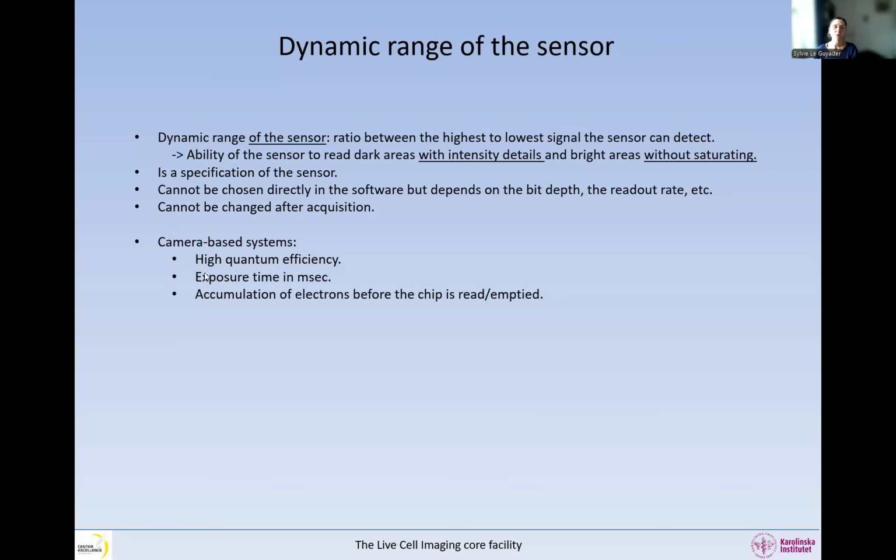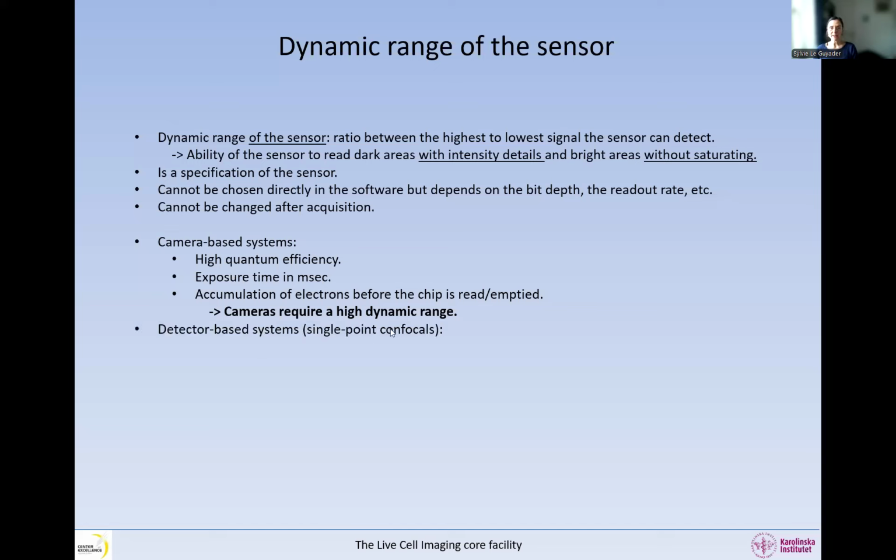So we have exposure times in milliseconds, and the electrons are accumulated in the well before the chip is emptied. So there is an accumulation, and therefore cameras require a high dynamic range because they need a big well, a big bucket, so that they get lots of photons, like drops of water. So the cameras require a high dynamic range.